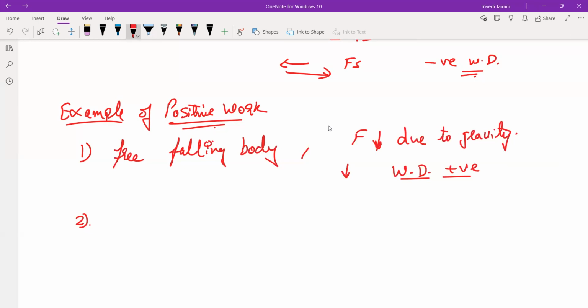Forget going back, I'm just pulling it, stretching it. I'm not compressing it. So force applied and displacement are in the same direction.